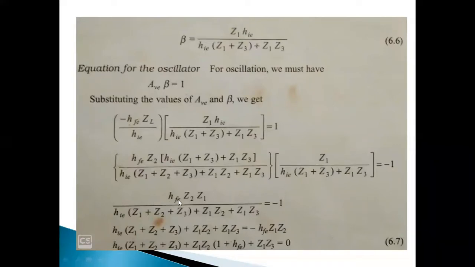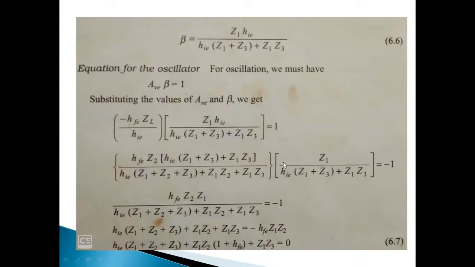If you take the LCM and perform the simplified analysis, the final equation becomes HFE into Z2 Z1 by HIE into Z1 plus Z2 plus Z3 plus Z1 Z2 plus Z1 Z3 is equal to minus.